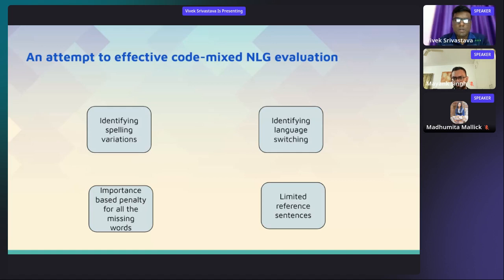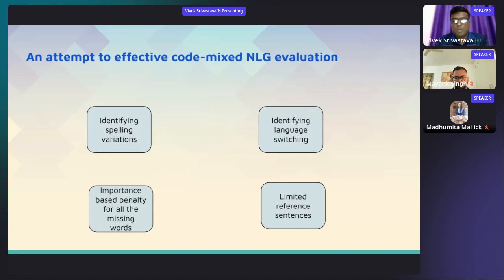The first one is the spelling variation problem, how a particular word can be written in different forms. The second is language switching, which means a particular word can be written in 2 different languages, either English or Hindi. Third, there are words which are missing while generating the sentence, and we can't treat every word equally, so there should be a penalty based on how important the missing word is.